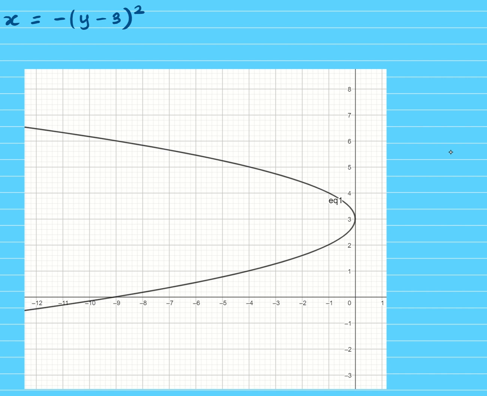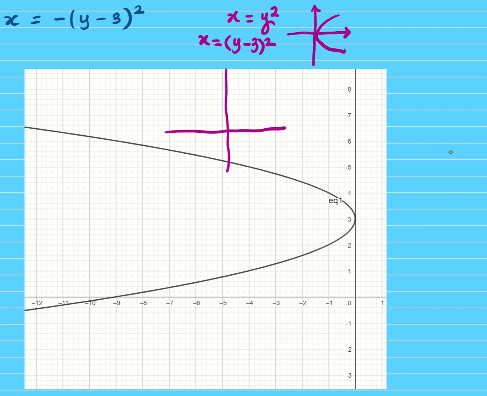As for how to easily sketch this, well, there might not be an easy way. You could consider looking at the parent function x equals y squared, and you know that if you were going to sketch that, it would just look like this. So if you then consider using the translation (y minus 3) all squared, it means that this graph jumps up to the point 3 on the y-axis.